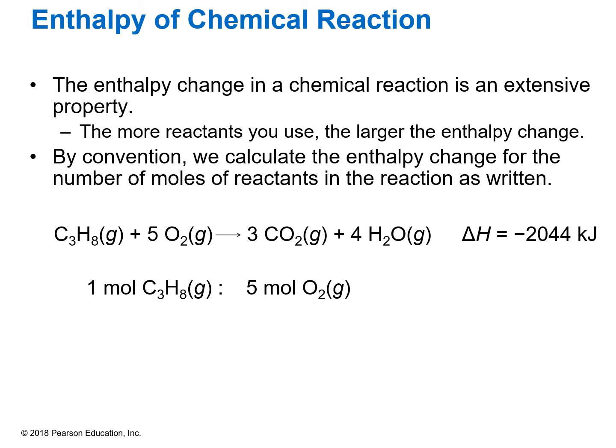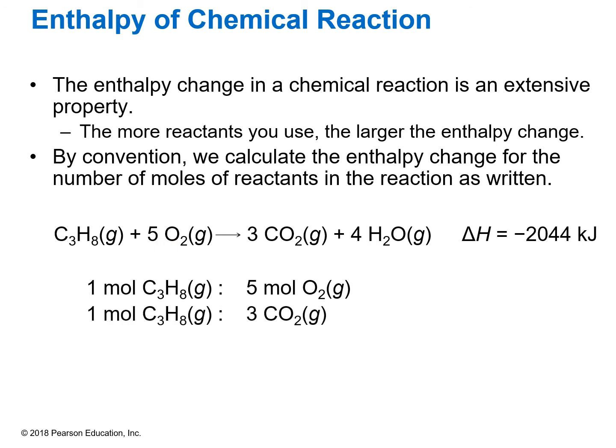Where did I get that 1 and that 5 from? Well, remember, these have coefficients in the front of them in these equations. And although they're not written in there, we can assume the units of moles here. So 1 mole of propane, 5 moles of oxygen. So we know that it is a 1:5 ratio between propane and oxygen.